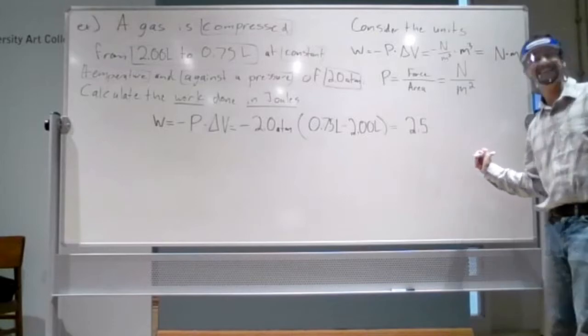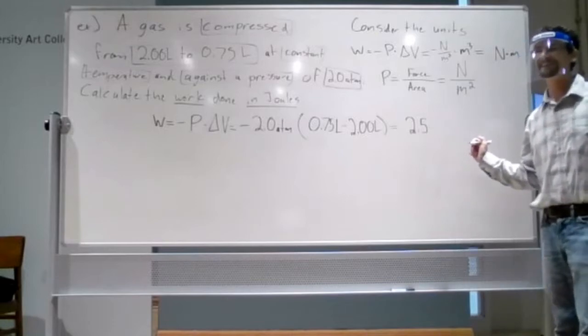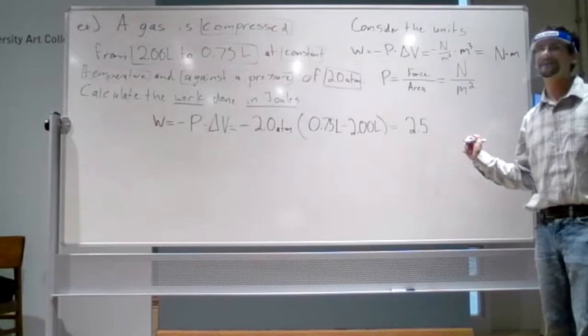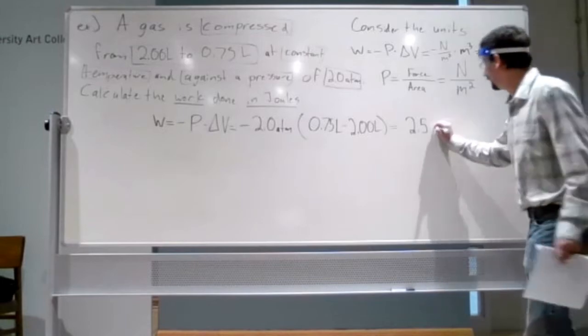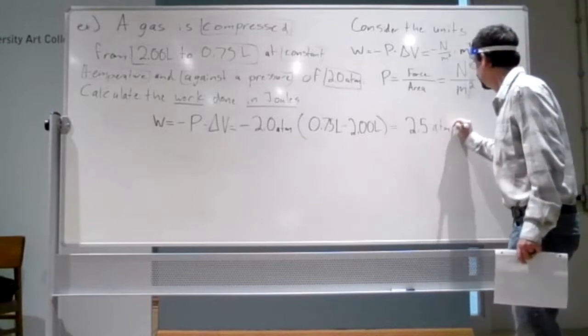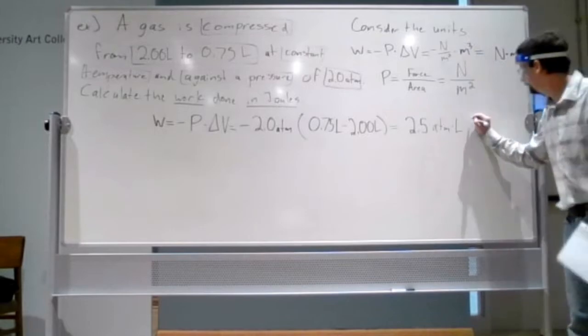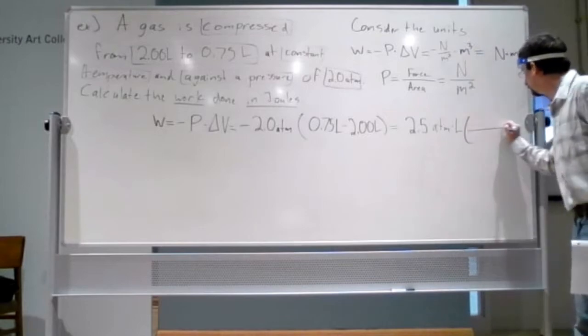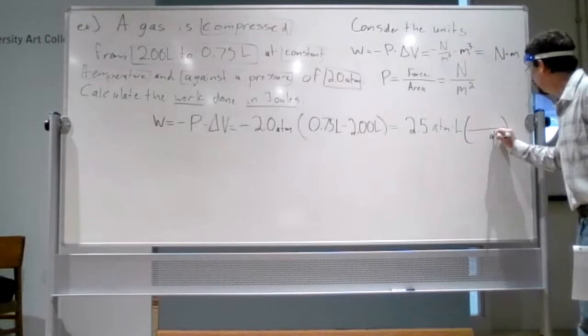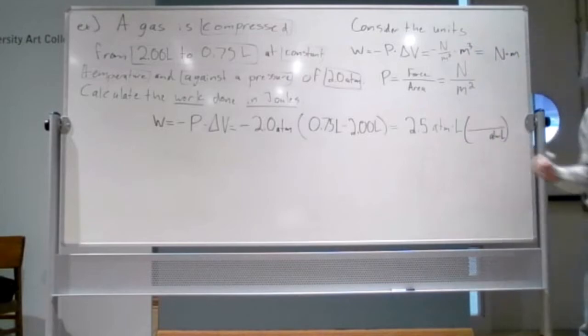Joules. Not joules in this case. What are they? Yep, atm times liters. So what do we have to do to this value? Yeah, we got to convert it to joules. So we got atm liters at the bottom. What's going to go up top?